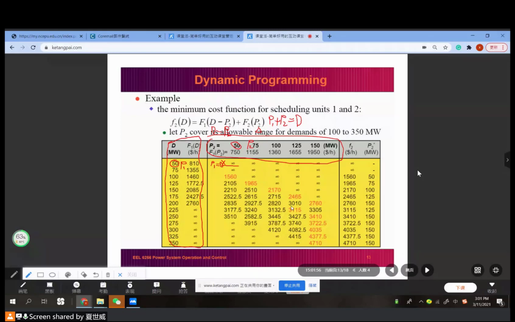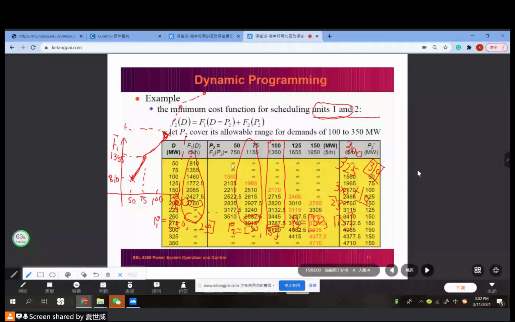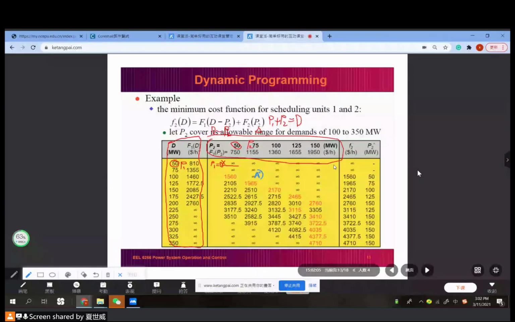Of course, you find that when P1 is 0, the fuel cost is infinite. So for this element, we have F1(P1) plus F2(P2). P1 is 0, so this is infinite. This part is 750. So the summation is infinite. So this element is infinite.